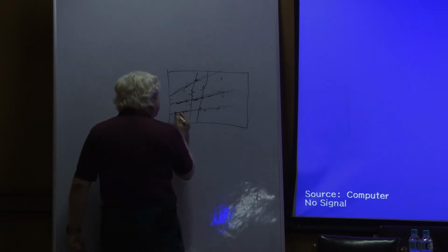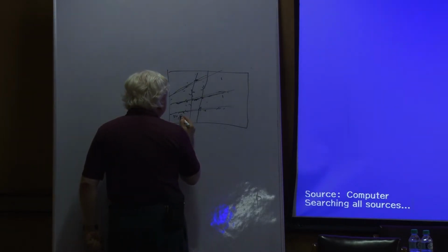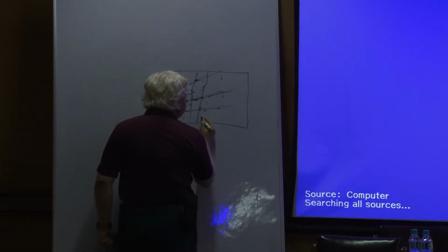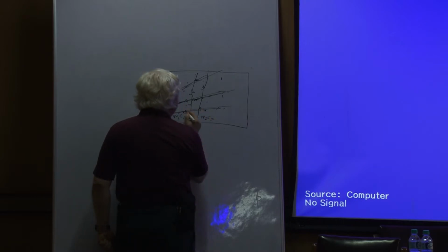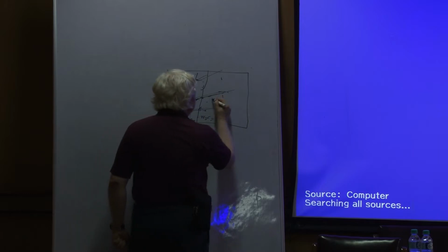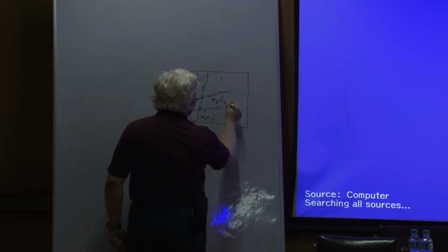So, if you take this line, there is some M1 C1 with this. For this line, there is some M2 C2 associated with it, maybe some M3 C3, this maybe some M4 C4.